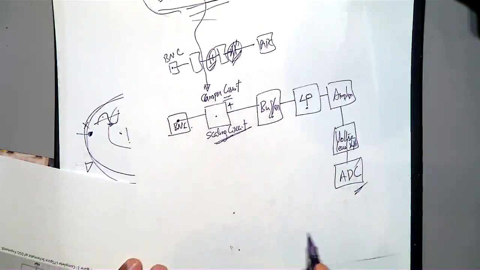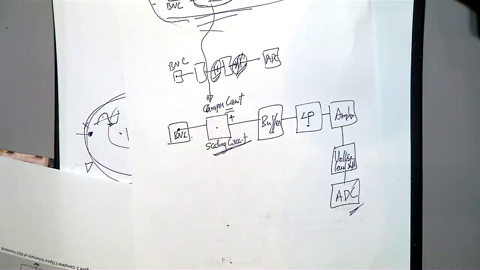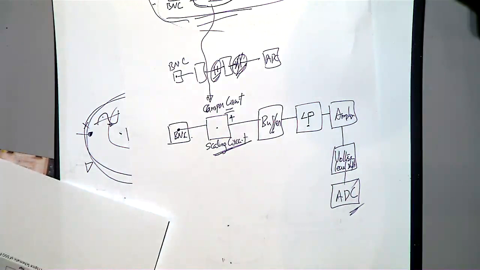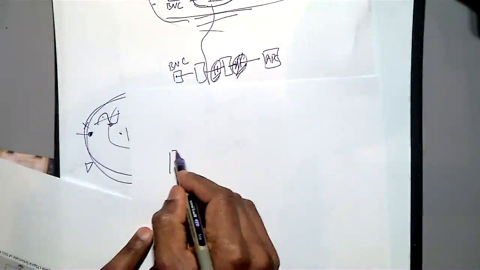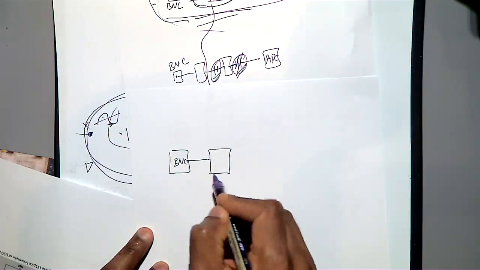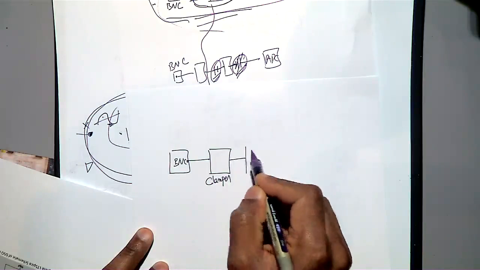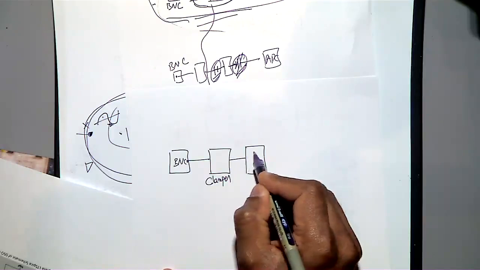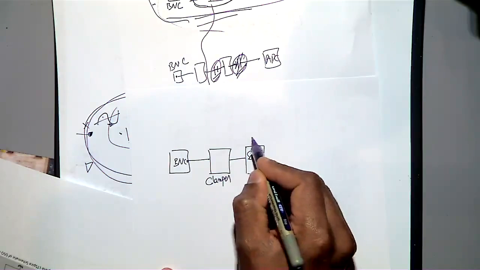So these are the major blocks of the ADC front end. And now we can draw it. We have the BNC, then this is a clamper, then this I will call a scaling, because this is for the impedance.